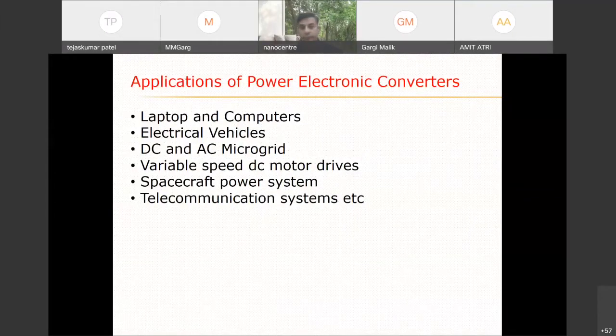And if we have a fixed AC with fixed voltage and frequency, and we need a variable voltage, variable frequency, then in a single stage we may go for AC to AC conversion. So that's cycloconverters and matrix converters.